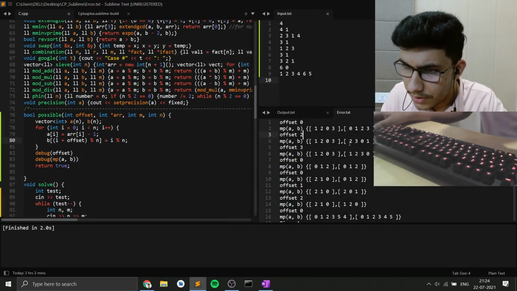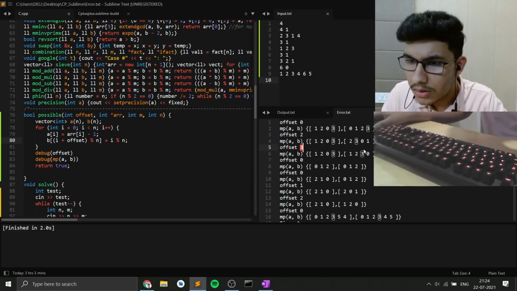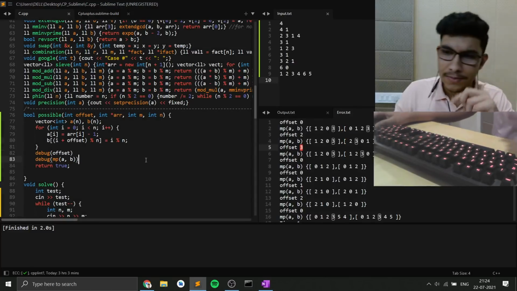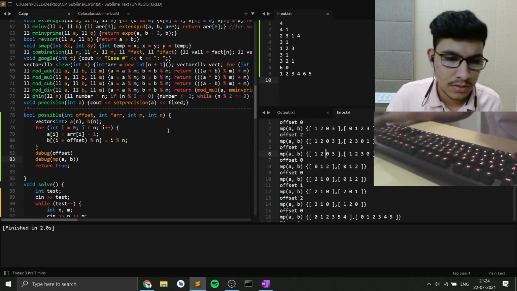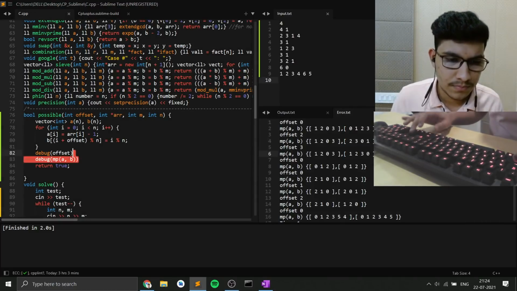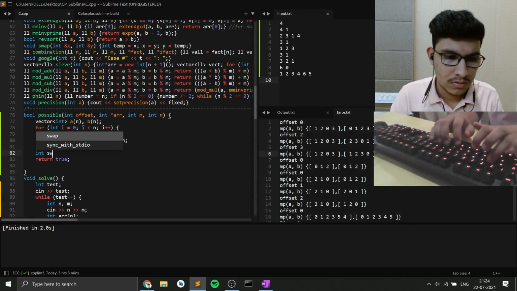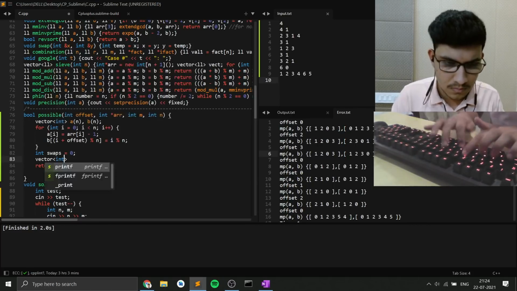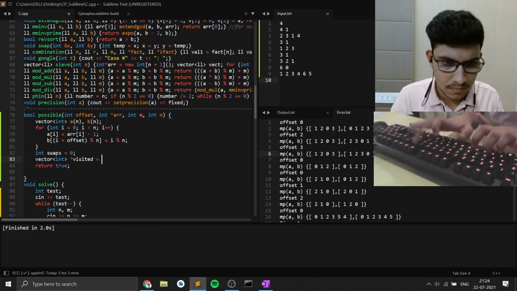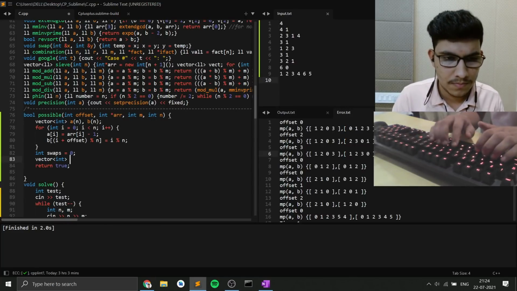Okay, so here we've changed this. Yeah, so this seems fine. And I need to find out the minimum number of swaps needed now.